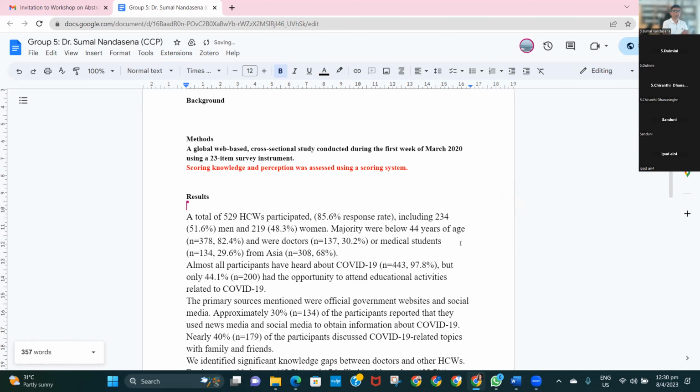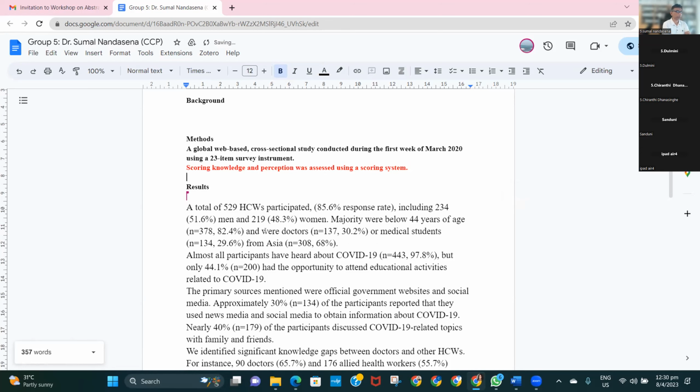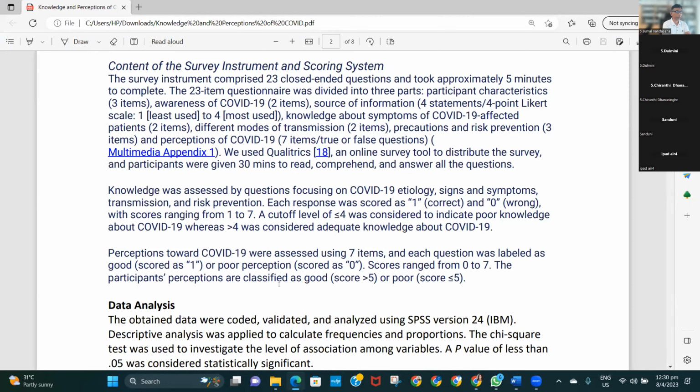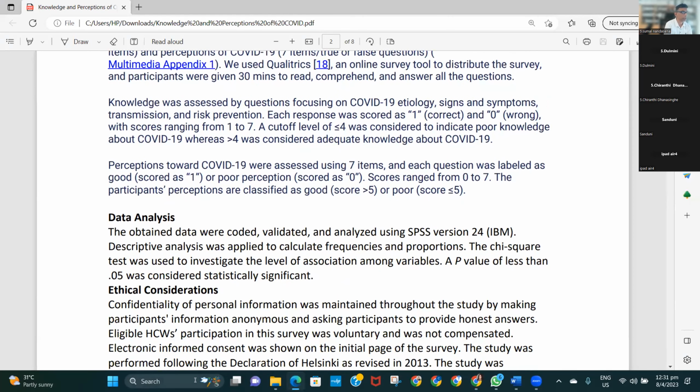Then we'll add a little bit, or maybe one sentence, about the statistical analysis, though it is a very late term, like data analysis. We will be able to add what they have done. The first sentence is analyzing using the SPSS, so there is no use of telling it.